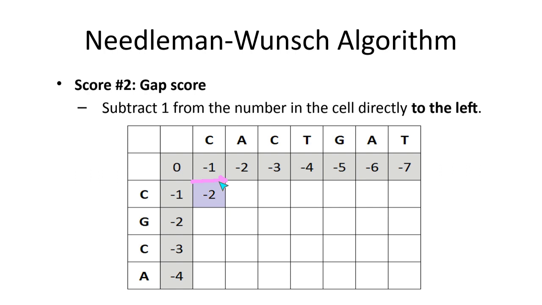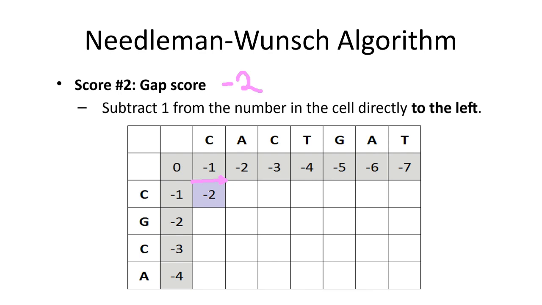And in this case, what we're subtracting 1 from is the number over here, the number to the left. So if you move diagonal, the score that you're concerned about is the score that's diagonal from you. If you move to the right, if you move horizontally, the number that you're concerned about is the number that's horizontal from you. So we'll say this is the score we're starting from. We subtract 1 from it. Our second number that we've calculated is a -2.